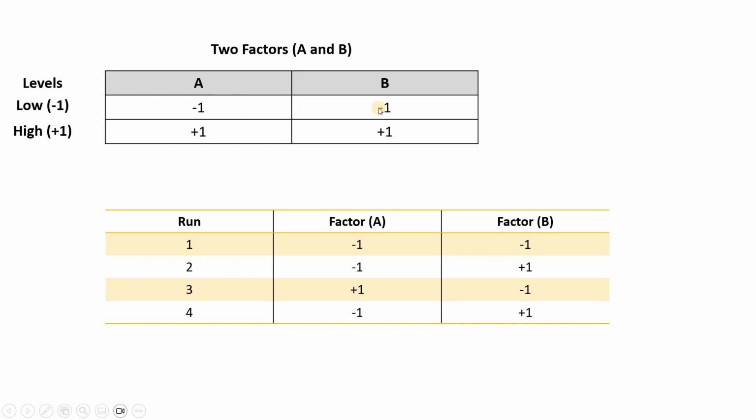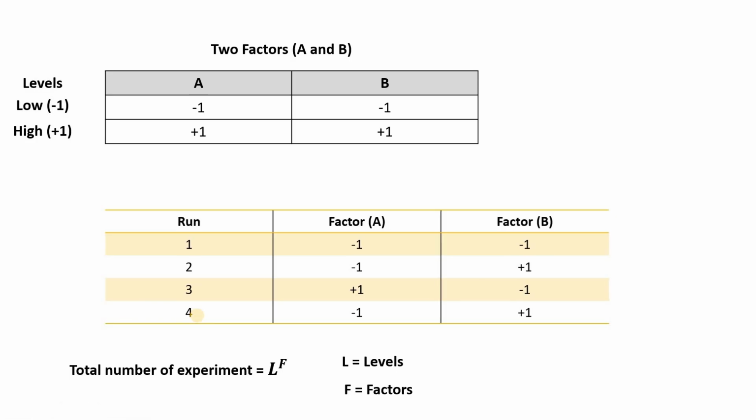By combining -1 and +1 for these two, you will get these 4 runs. The formula for the total number of experiments is level to the power of factor. If we have 2 levels and 2 factors, a and b, then 2 to the power 2 gives 4 as our output.